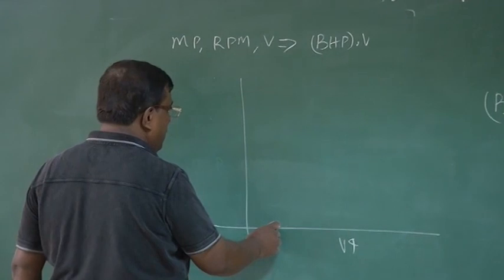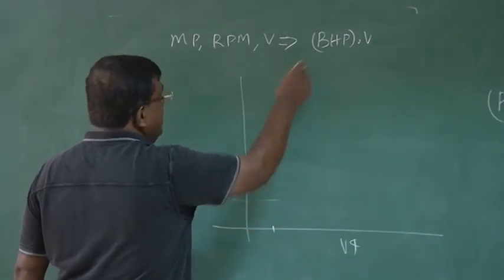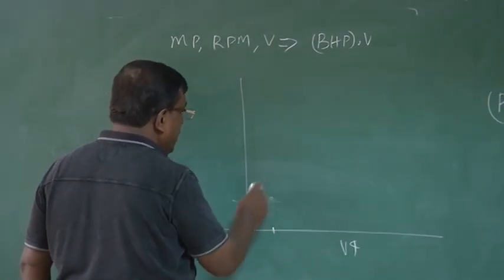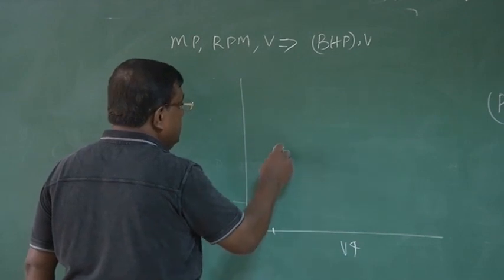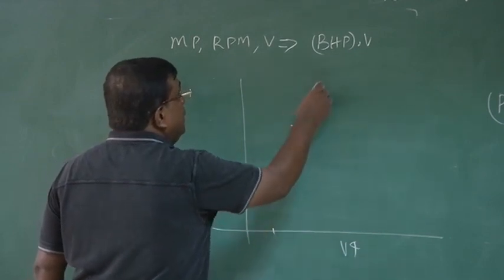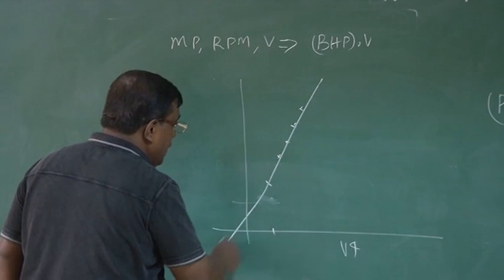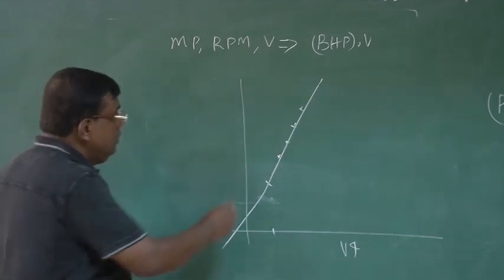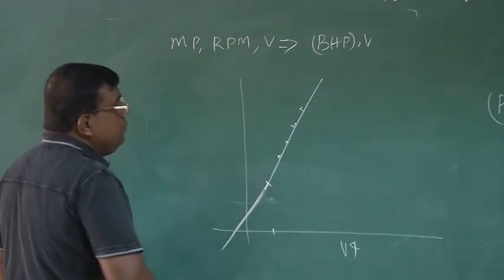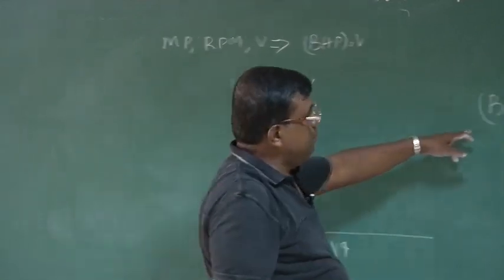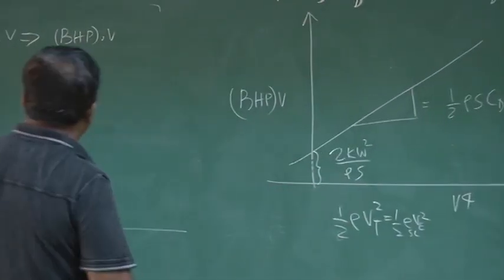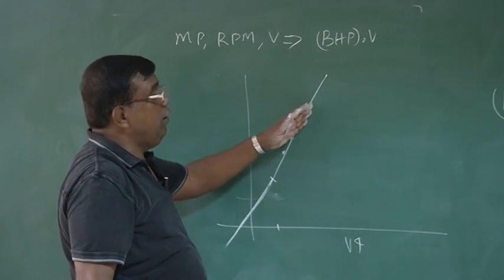You know V, so with this point and whatever BHP into V you got, you get some points like this, and then fit them with a straight line, because you know that they will follow a straight line. Sometimes you have to find the best fit because there is a measurement error.